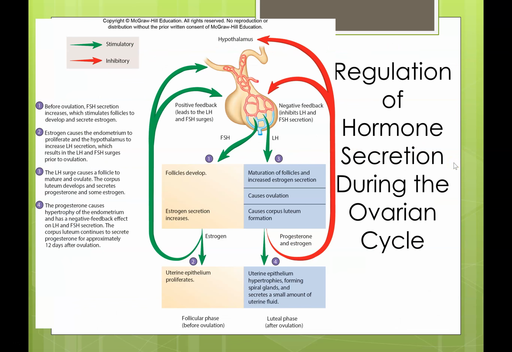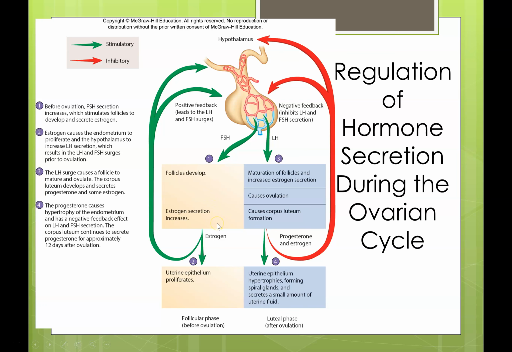This is a nice figure that will tell you about the regulation of hormone secretion during the ovarian cycle. So we see that FSH is being released by the anterior pituitary gland just before ovulation so that we can start to develop those follicles and also secrete estrogen.